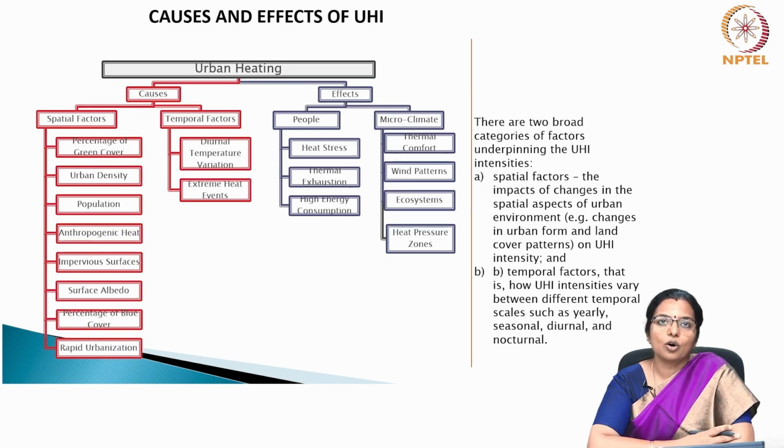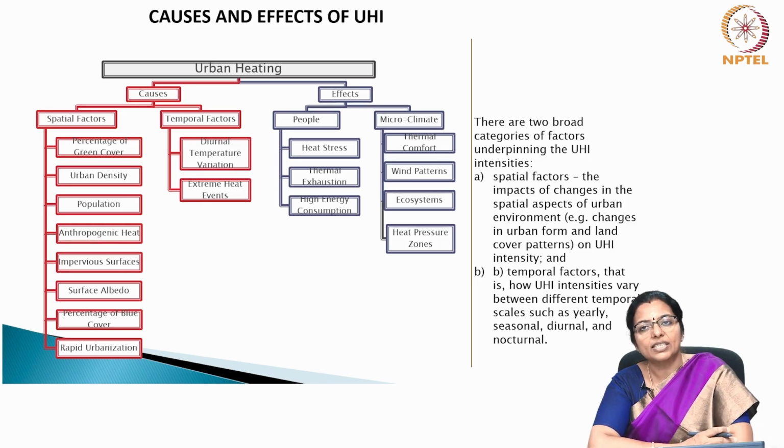Let us look at the causes and effects of urban heat island. There are two broad categories of factors underpinning the urban heat island intensities. First is the spatial factor. The impacts of changes in the spatial aspects of the urban environment, such as changes in urban form and land cover patterns, on urban heat island intensity is studied as a spatial factor.